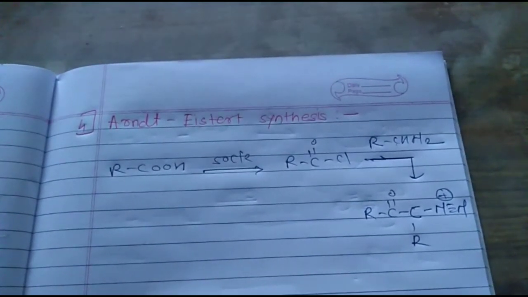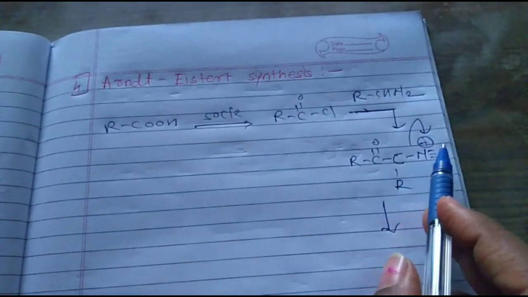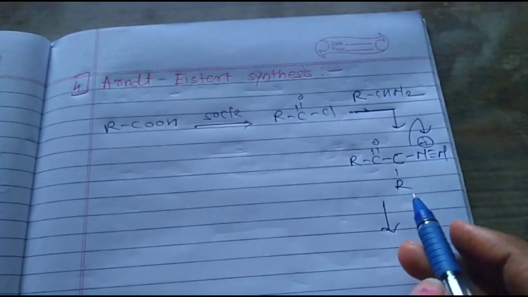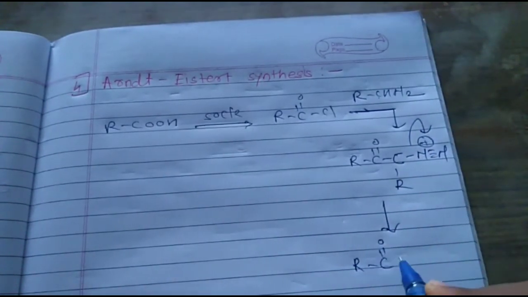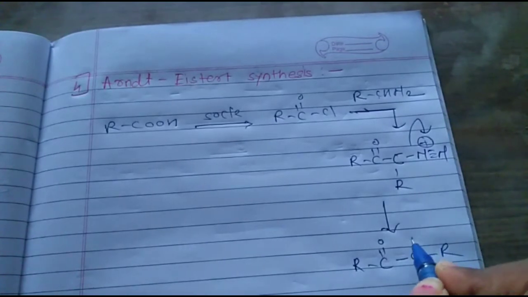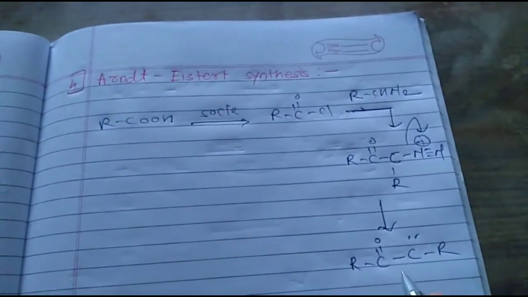Next, you know very well, by removing this N2, a carbene is formed, RCOCHR carbene. On rearrangement of this, there is a formation of ketene.